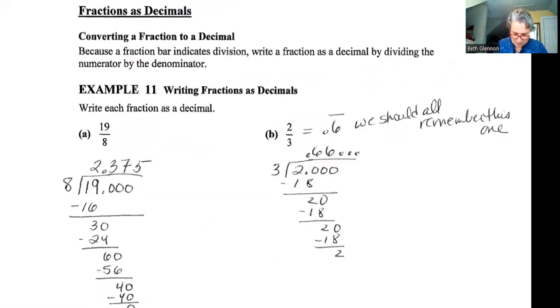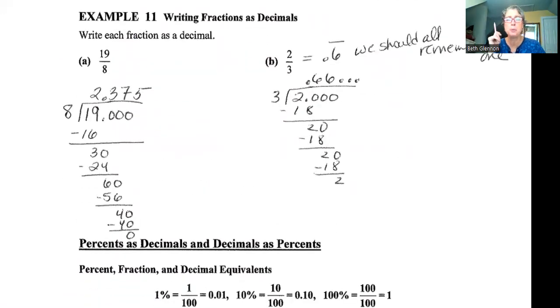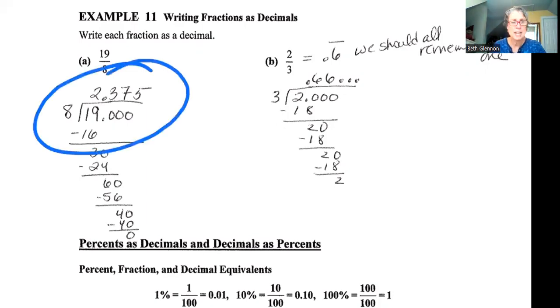Okay, writing fractions as decimals. We have a beautiful button on our calculator that's going to take that 19 over 8 and convert it into a decimal, 2.375. Now, just to show you the math that goes along with it, I'm going to do long division here. I take that 8 and put it into 19. I go through until I have no remainder, and that's when I stop.